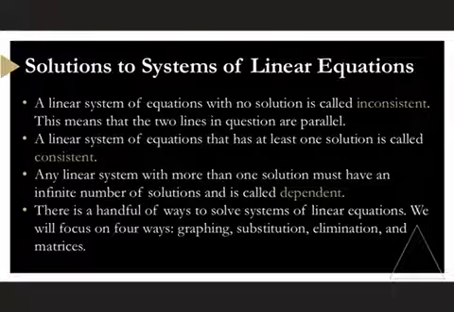And so now we've got the same equation written in two different ways, which is a dependent system. Okay, there's a handful of ways to solve these. We are going to start with 4 ways. So there's graphing, elimination, substitution, and then we're going to work our way up to matrices.